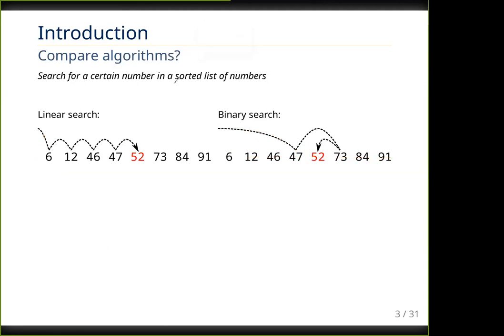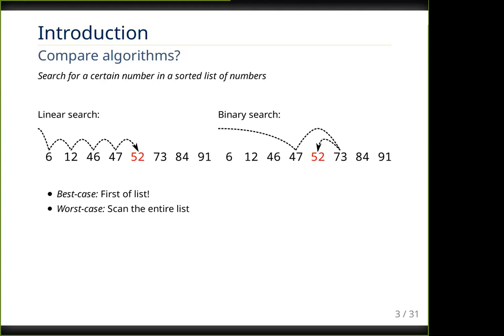So maybe we need to compare the best case scenarios and the worst case scenarios. So what are they for those two algorithms? For the linear search, the best case scenario is when we're looking for the number that is located at the very first of the list. So here, if we're looking for number 6, which is the first one in the list, we would be able to find it right away.